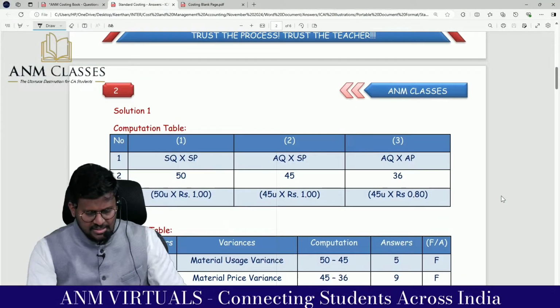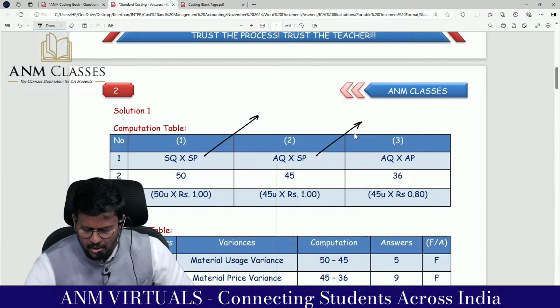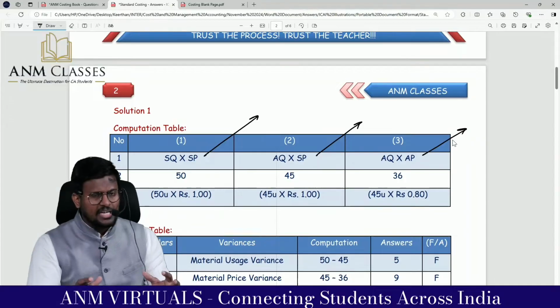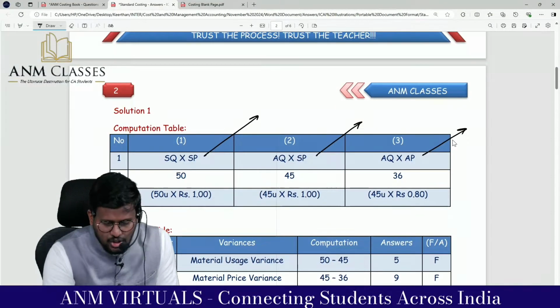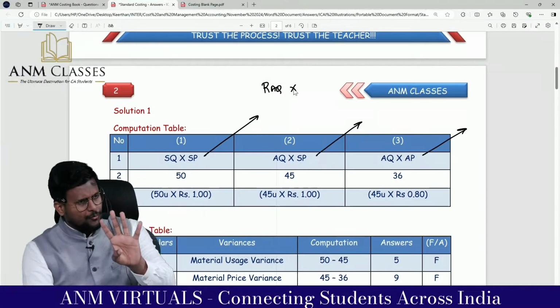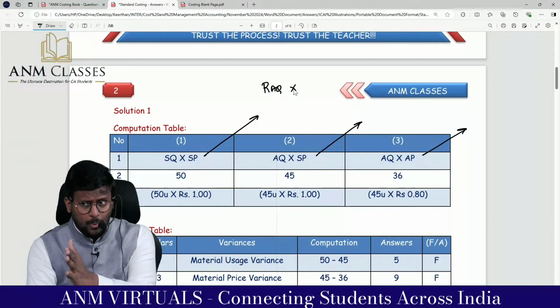Yes. Standard quantity into standard price, actual quantity into standard price, actual quantity into actual price. This is a single raw material product, so the revised actual quantity column is not required. It's not a 4-column approach, it's a 3-column approach. What is column number 1?